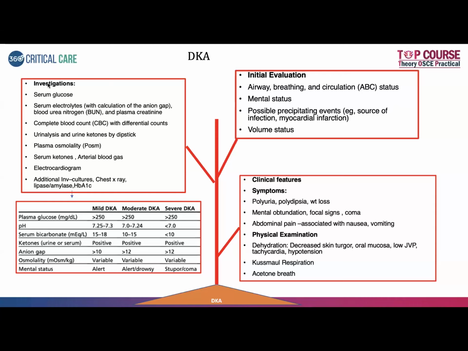Along with that, other investigations which will help investigating your cause depending on the patient history: ECG, echo, or ruling out infections, so any other x-rays or any cultures, to rule out your inciting event. So that you need to do.